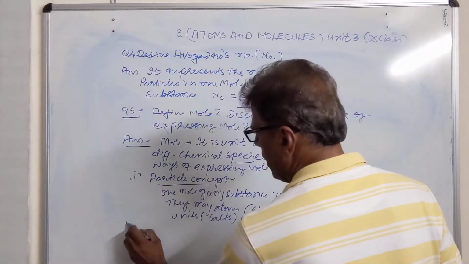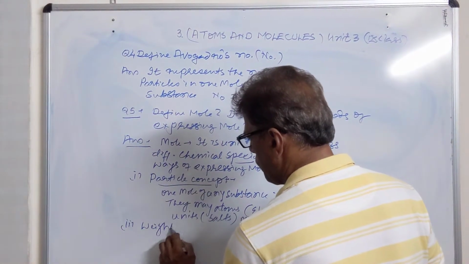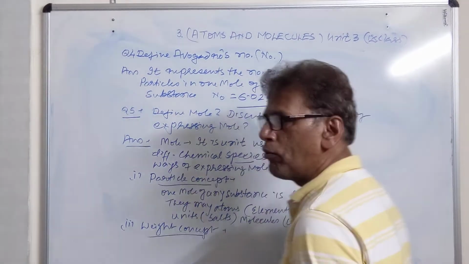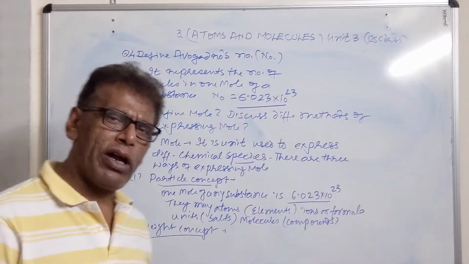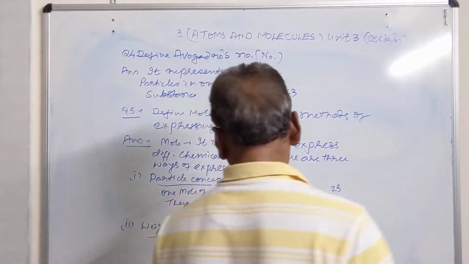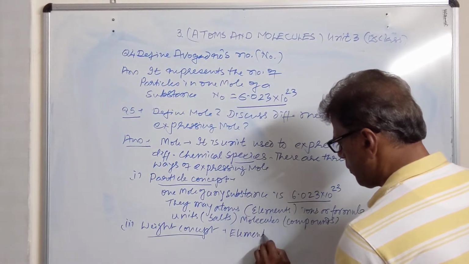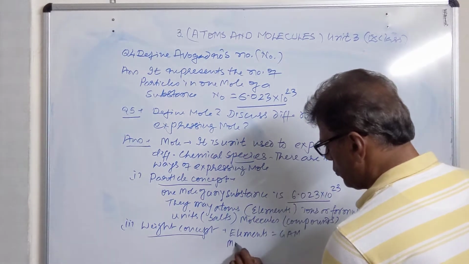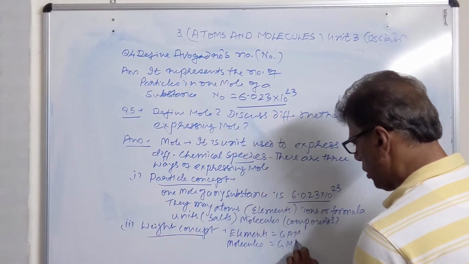Then we have the second concept of mole, that is called the weight concept of mole. So 1 mole of any substance, for elements, is equal to gram atomic mass. For molecules, it is equal to gram molecular mass.